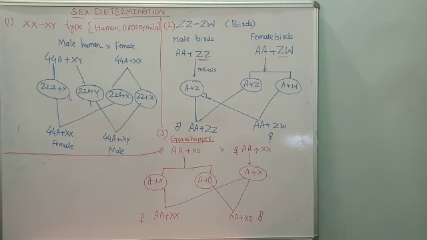Sometimes you are asked to work out the problem, or for 1 mark you will be asked to name the type of sex determination in birds, or in humans and Drosophila. Here, what you are going to write: XX-XY type of sex determination we observe in humans and Drosophila, and in birds ZZ-ZW type. In grasshopper we write XX-X0 type of sex determination.